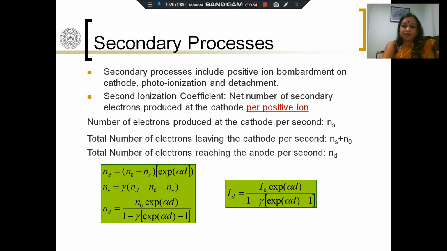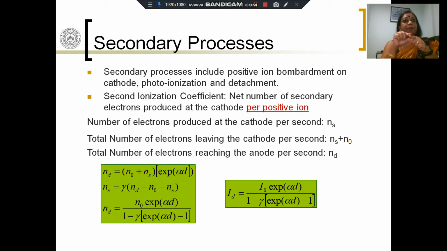However, apart from these primary electrons which move through the gap distance causing ionizing collisions, there will be electrons which are available due to secondary processes. What are these secondary processes? The secondary processes include positive ion bombardment on the cathode, photoionization, detachment.